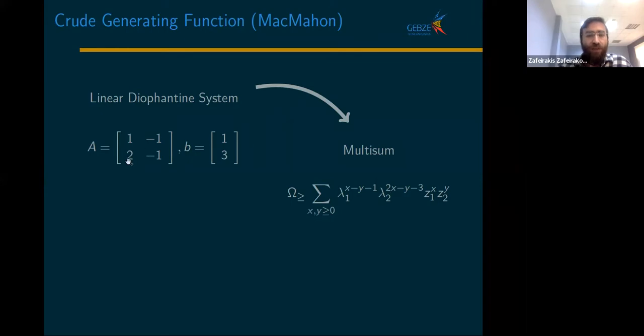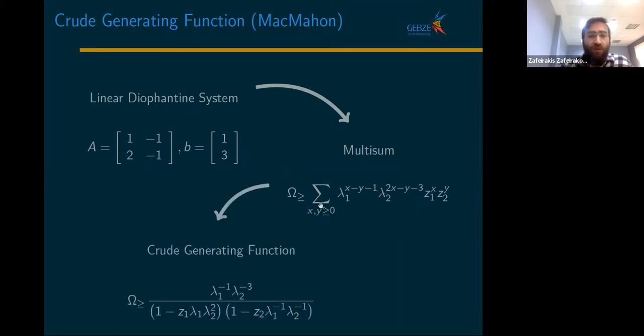And for lambda 2, we have 2x minus y minus 3, right? Now let's remember what omega was. It says expand and reject all monomials that contain a negative exponent in some lambda. So this means reject all the monomials for which x and y do not satisfy the system, right? So we'll keep only monomials where x and y satisfy our linear system.